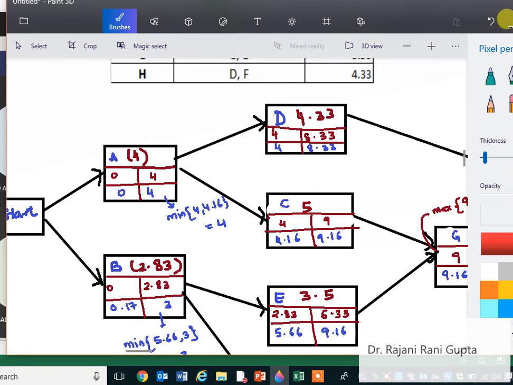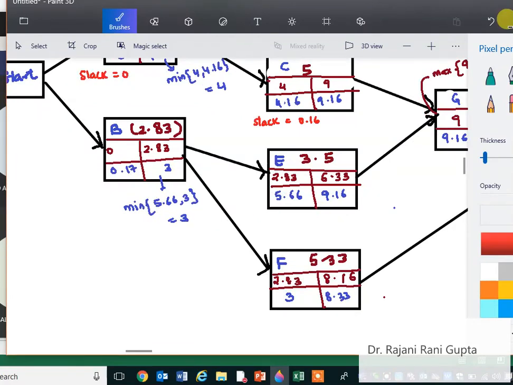So next is to find the critical path. So for critical path, how do we know that it's a critical path? First we should identify the critical activities, isn't it? So for that we need to calculate slack time. Here what we know, the slack time is the difference between early start and late start, or early finish and late finish timing. So it is here 0. Here the slack is 0. What's the slack here? It is 0.16.